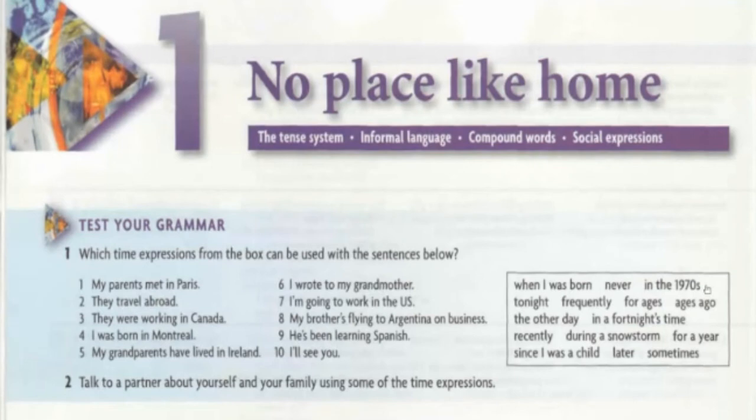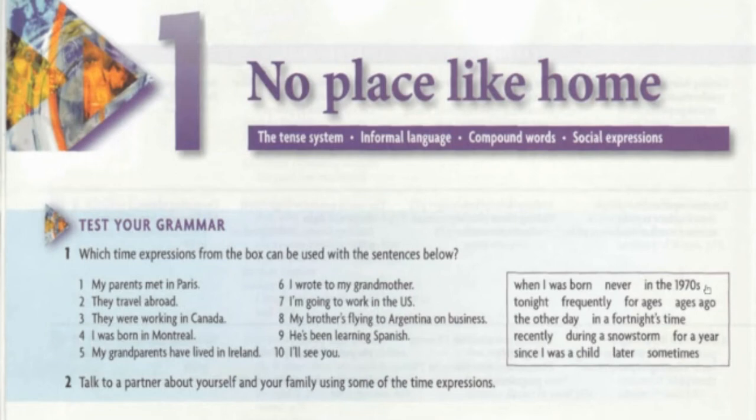Number 3, they were working in Canada. Were working in Canada. So what's the tense? Past continuous, very good. Because we have the verb to be in the past form, were, and a verb with ing. So what adverbs of time expressions do we use with the past continuous? We have 2 verbs.